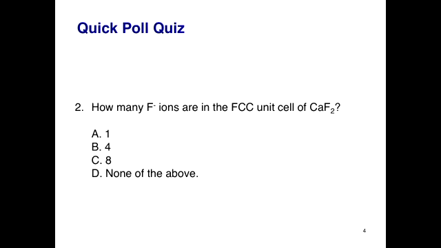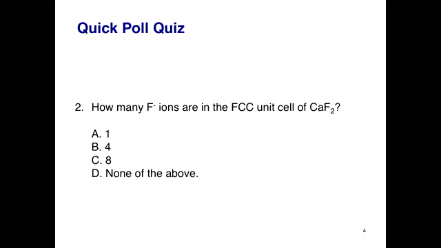So there's a couple of ways that we can work this one out. What we can do is just think about the fact that if we had 4 calciums in there, and given that the unit cell is representative of the whole structure, and we know it's CaF2, if there are 4 calciums, there must be 8 fluorides. And you might remember we said that we can divide that face-centered cubic unit cell into 8 little cubelets.